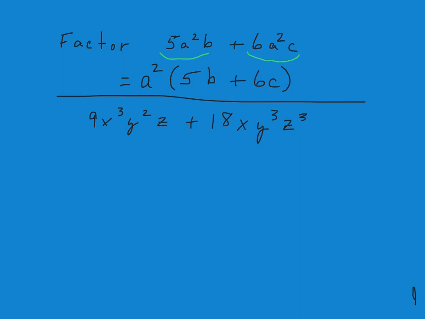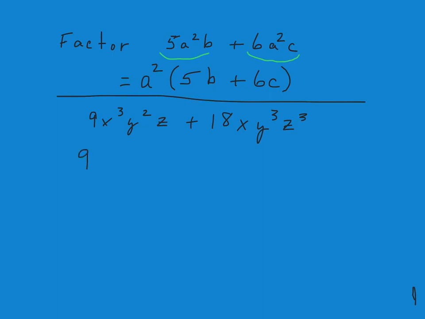So again, we want to figure out what is in common first. So we have a 9 and we have an 18. Well, since 18 is 9 times 2, these two terms share a factor of 9. So we will take out a 9.